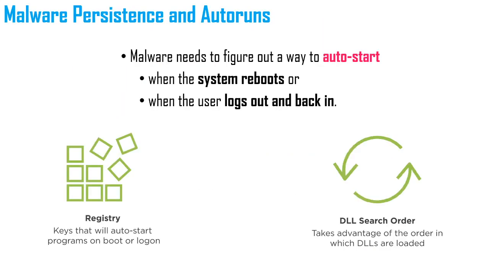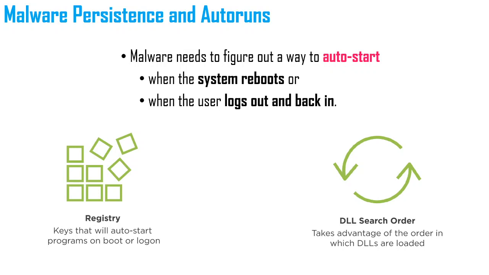So the next thing is malware persistence and autoruns. While doing the dynamic analysis, this is a very important thing. Malware is going to persist in your system if it is executed in your sandbox. Malware needs to figure out a way to auto start, so every time I reboot, the malware performs persistent behavior.